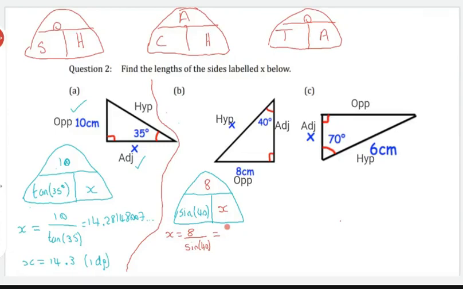So I'll wait for you to tell me your answer. I got 12.4 to 1 decimal place. Okay, sure. 12.4457. Yep, so x equals 12.4 to 1 decimal place. Lovely stuff.